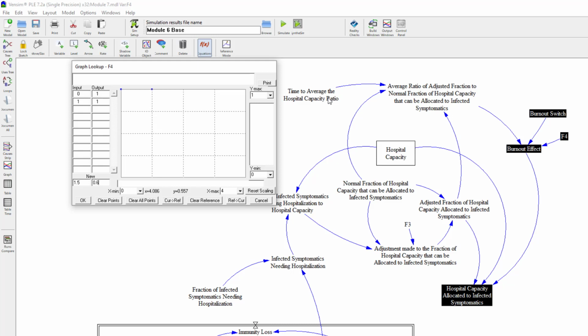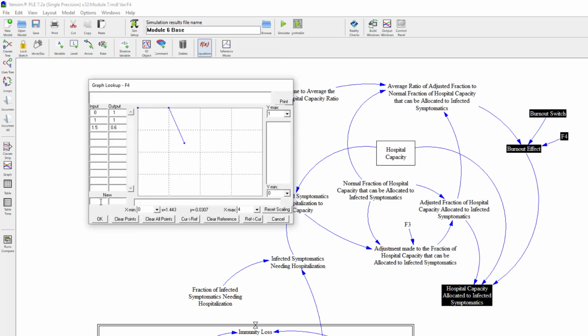So we're losing about 40% of our hospital capacity due to burnout. The next one is if the adjusted fraction is twice as much as the normal fraction, then the burnout effect is going to be 0.4.